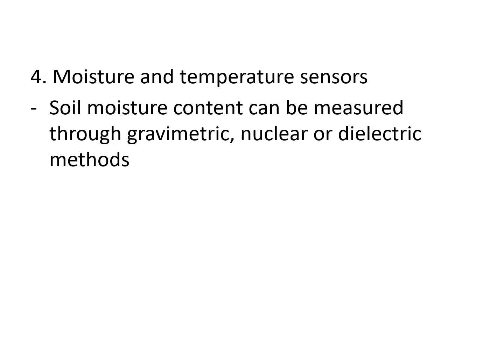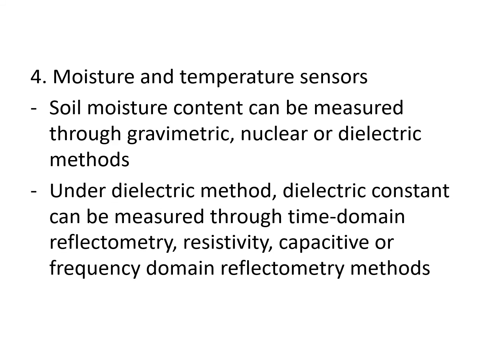And we say that soil moisture content can be measured through gravimetric, nuclear, or dielectric methods. And under dielectric methods, the dielectric constants normally are the ones that are measured through what we call time domain refractometry or resistivity or capacitive or frequency domain reflectometry.